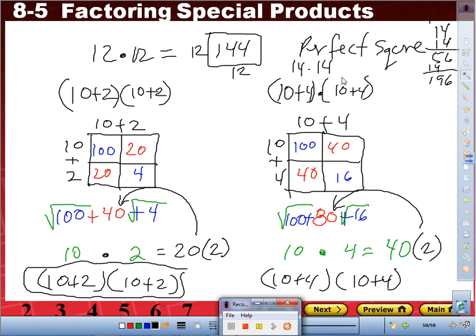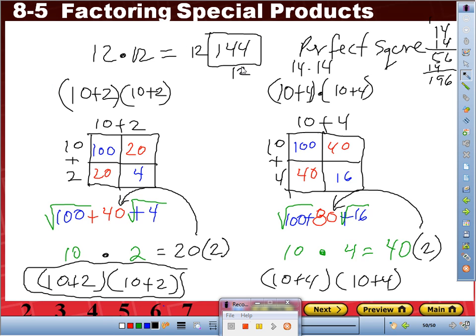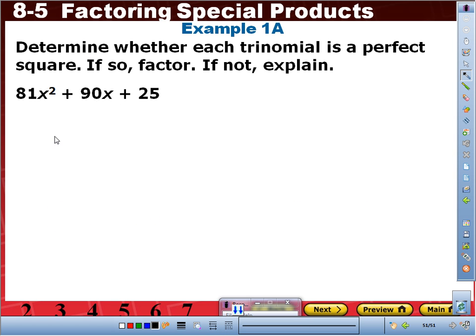Let's use algebra. Copy this example down, please. Example 1. Copy the words and copy the polynomial. It says, example 1a, determine whether each trinomial is a perfect square. If so, factor. If not, explain.